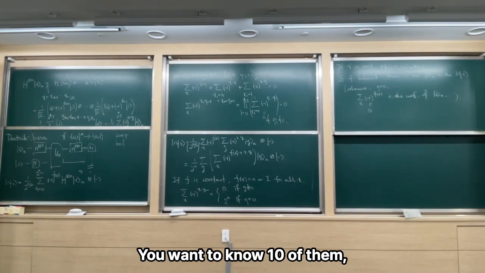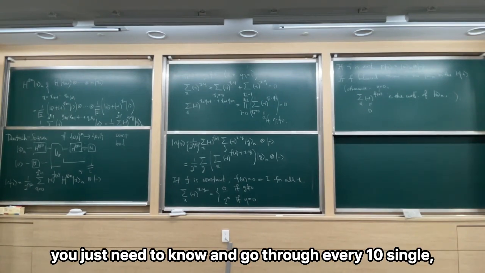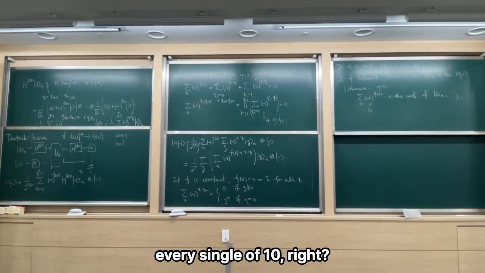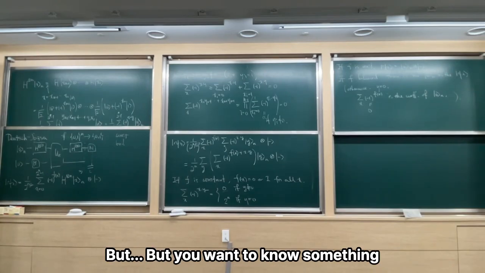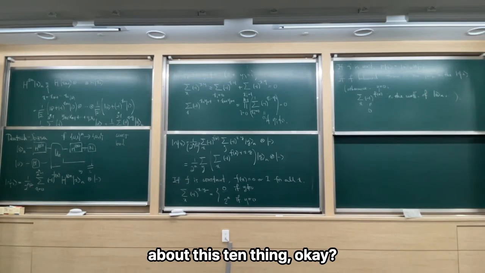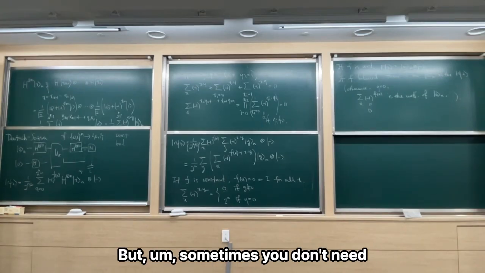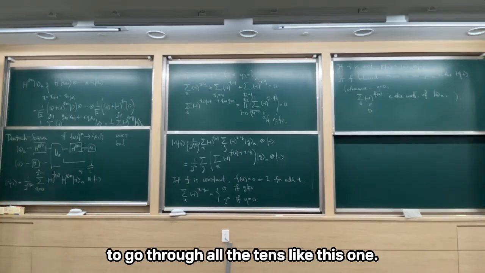If you want to know 10 of them, you just need to go through every single one of the 10. But if you want to know something about these 10 things, sometimes you don't need to go through all of them, like in this case.